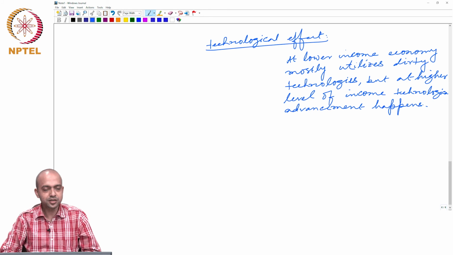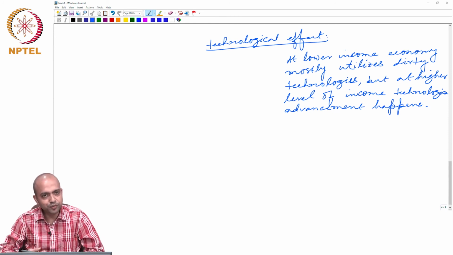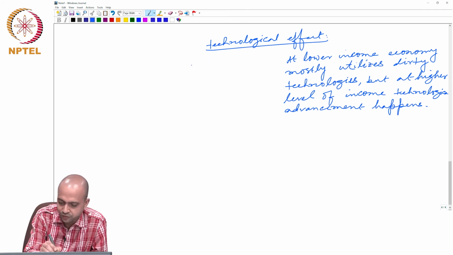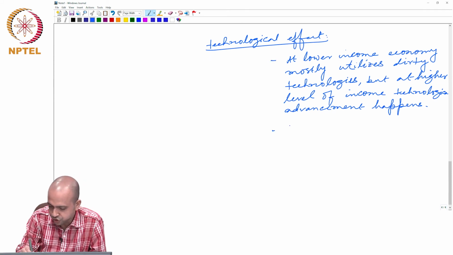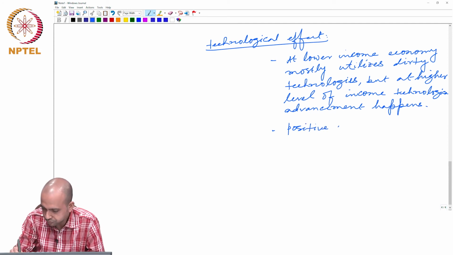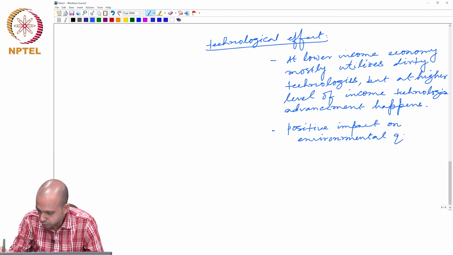So, there happens a technological advancement, and this technological advancement is less pollution intensive. That means it also gives a positive impact on environmental quality.